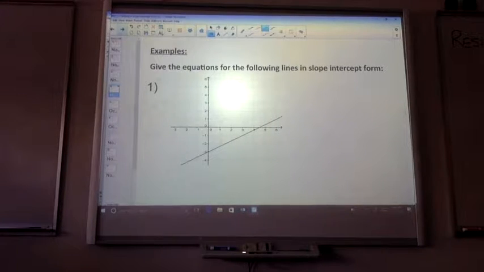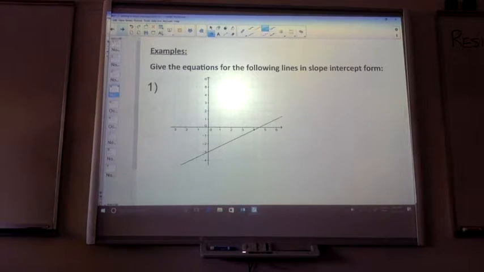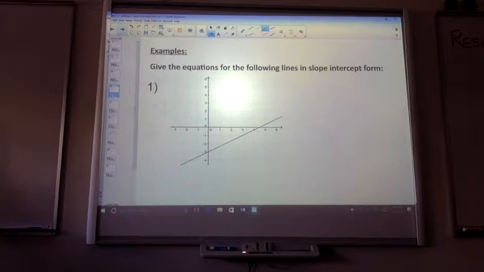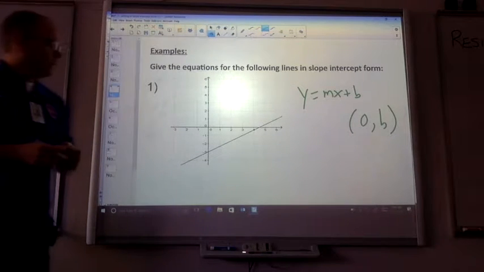All right. So, give the equations for the following lines in slope-intercept form. I can look at this graph and figure out the equation pretty easily. So, 0, b is my y-intercept. What is my y-intercept up here? Negative 3.